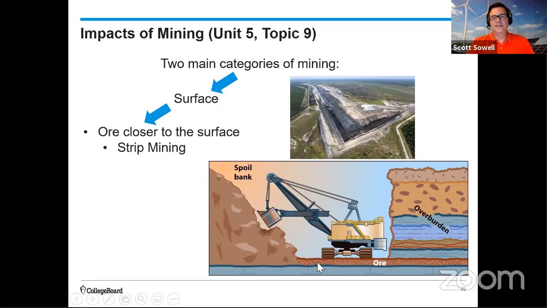Once we've accessed this ore and it's time for us to move over to this next section, we will take this overburden and put it in this strip that we've already mined, and now we have access to this ore. So it's these strips or consecutive areas in which we take the overburden, put it in the previous trench, and mine the ore. Again, that material is called the overburden.